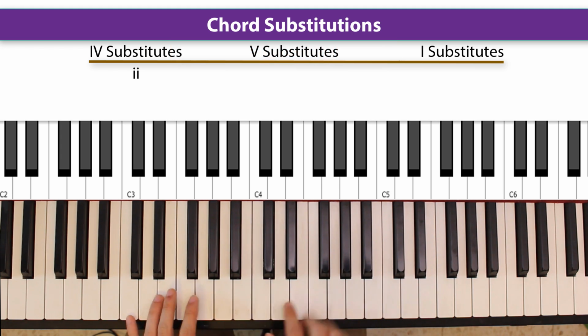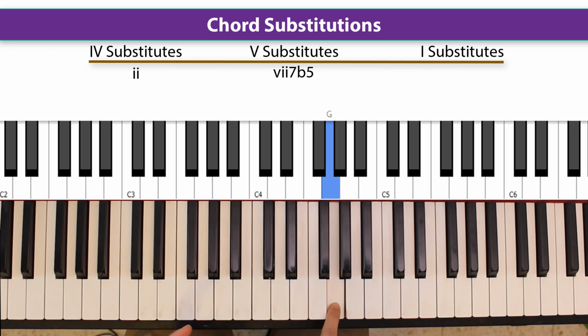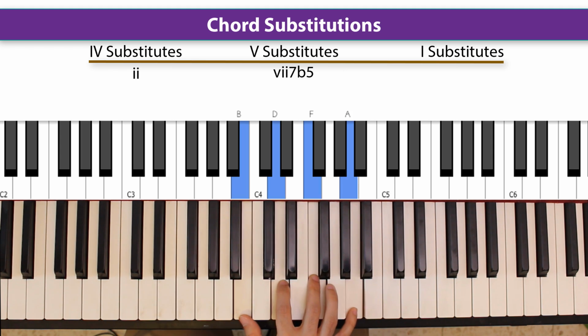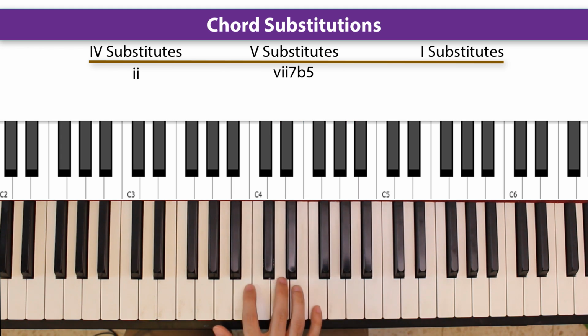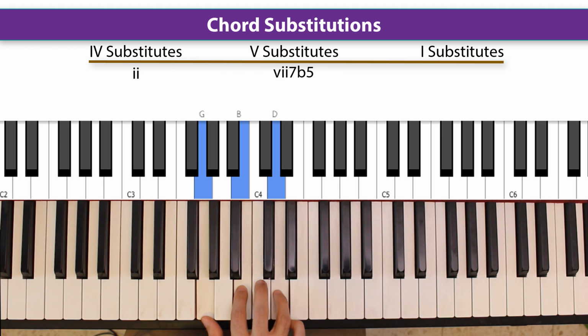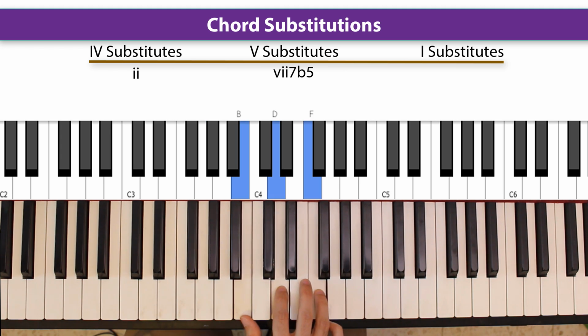What about the other 2 important degrees we've been using, the tonic and the dominant? Well, the dominant, the 5, has a substitution, which is the chord built on the 7th degree. And this is a half diminished chord. So the idea is that instead of playing a 5, I can play a 7 half diminished.